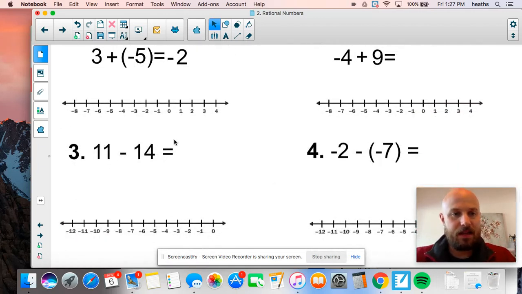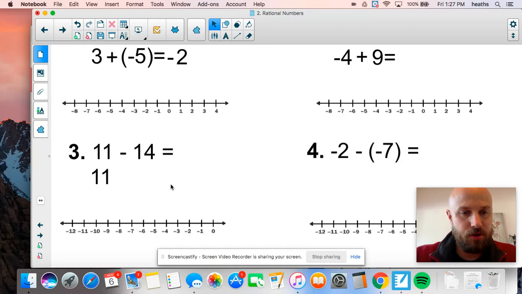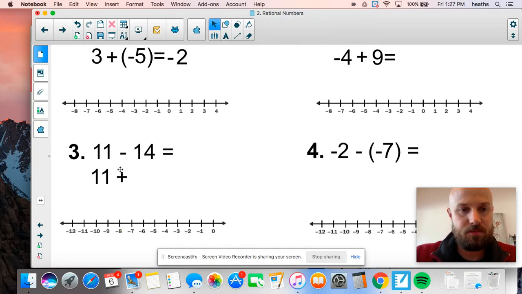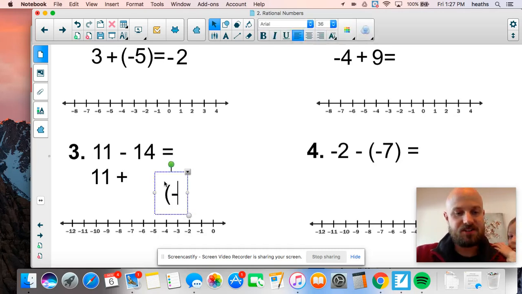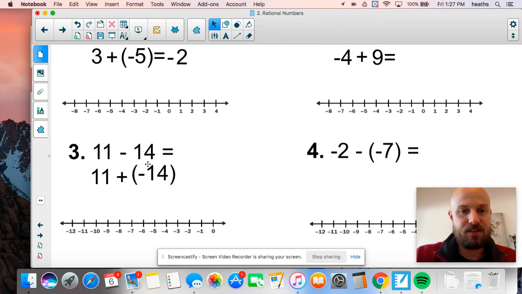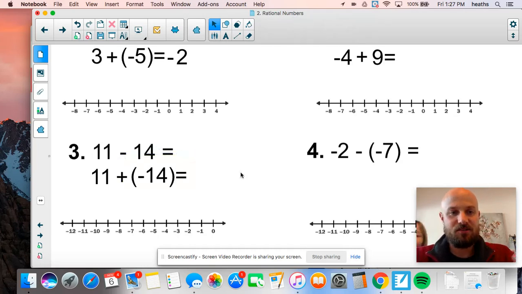Number 3, 11 minus 14. So we're going to take 11. We're going to add the opposite, which is going to be a plus, and then positive 14 is actually going to become negative 14 because the opposite of positive would be negative. So now we have 11 plus a negative 14.